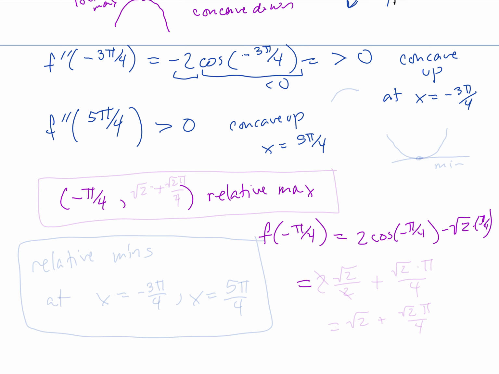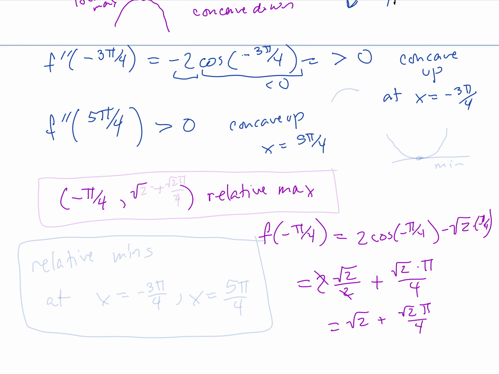So plugging that in is going to give us 2 times cosine of negative pi over 4, which we saw above was positive square root of 2 over 2, minus square root of 2 times negative pi over 4, so plus square root of 2 times pi over 4. It's not the most beautiful number ever. We can do a little bit of canceling things out. That's square root of 2 plus square root of 2 times pi over 4.